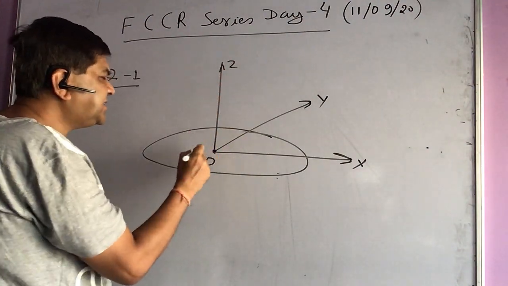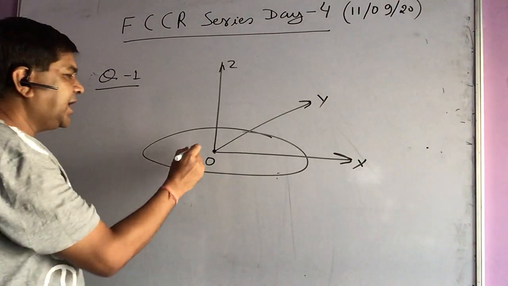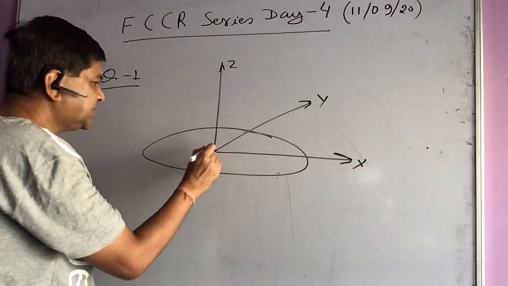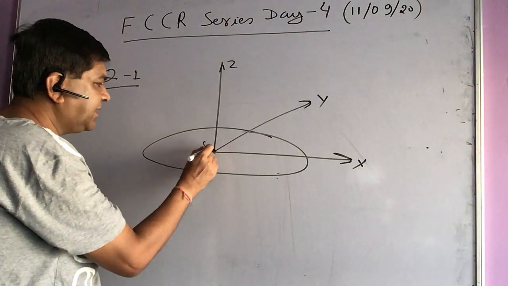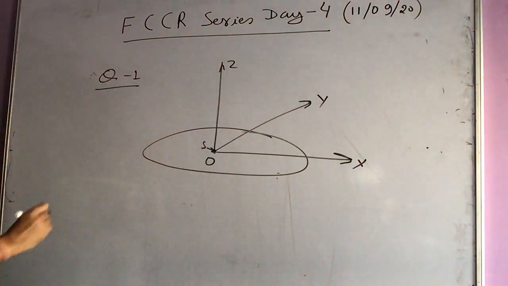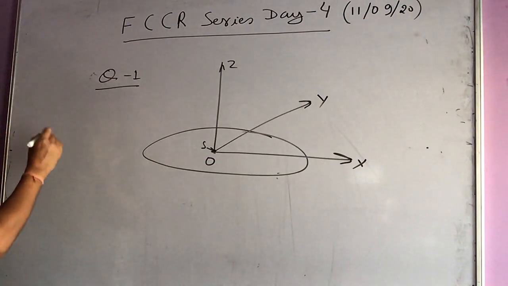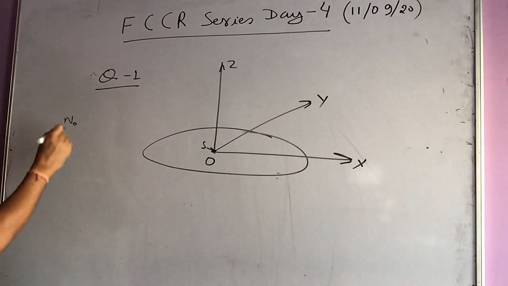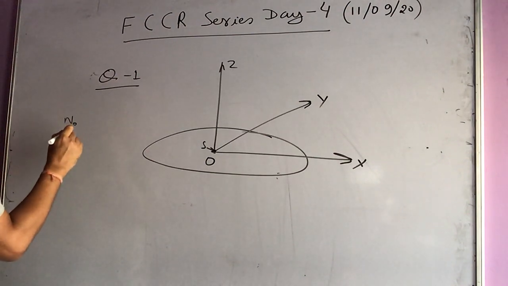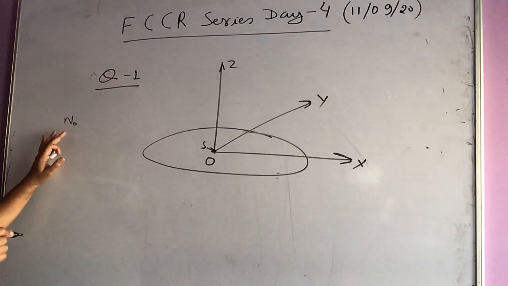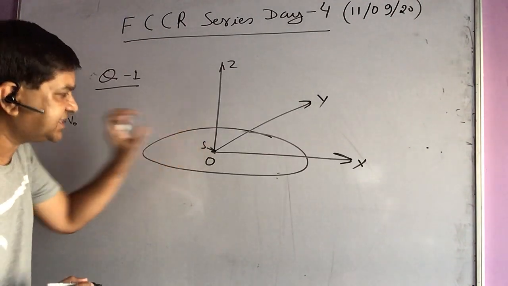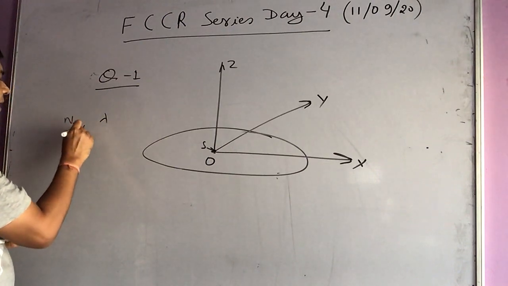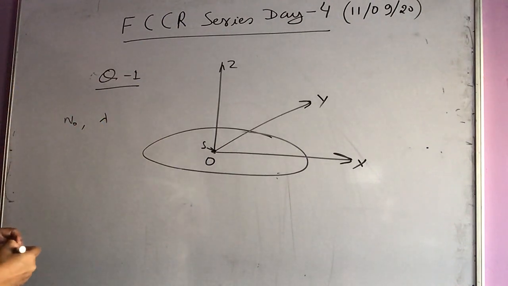At the center of this disk, I have a small sample of radioactive material, which is beta active, with the initial number of nuclei in this small sample being N naught, and the decay constant is lambda. It is showing beta decay.